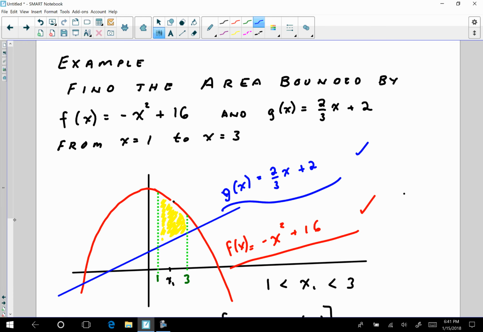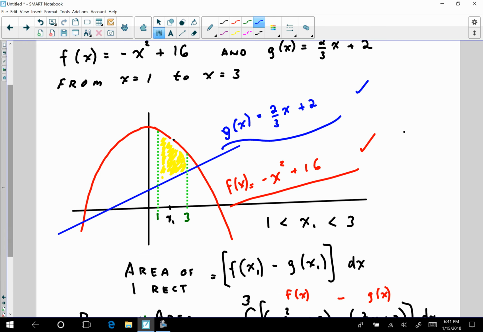And it's always a really good idea to go ahead and sketch an arbitrary rectangle. If you sketch that rectangle, that's going to give you a really good sense. Hey, I need to find the height of that rectangle. And what is that? I'm going to pull that x sub 1, which is between 1 and 3, that arbitrary x value.